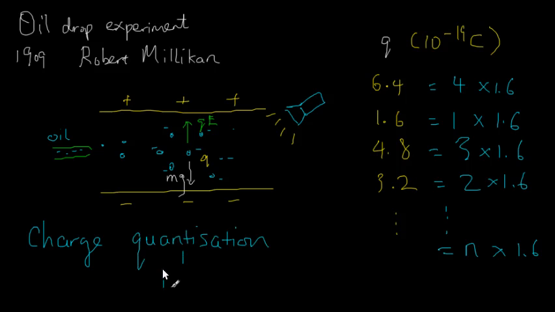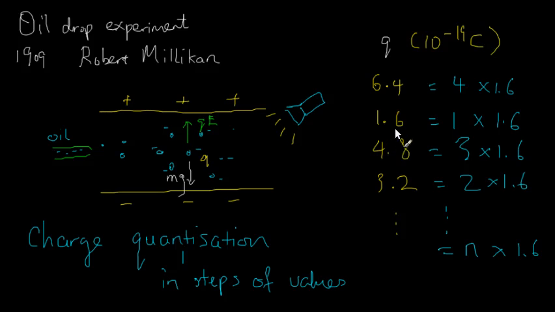It just means that the charge can only occur in steps of fixed values. Either 1 times 1.6, 2 times 1.6, and so on. You can't have 1.5 times 1.6, for example, or just any value you like. And so what Millikan actually observed was charge quantization. You can have zero charge, of course, but if you have a charge, the smallest charge you can have is 1.6 times 10 to the minus 19 coulomb.